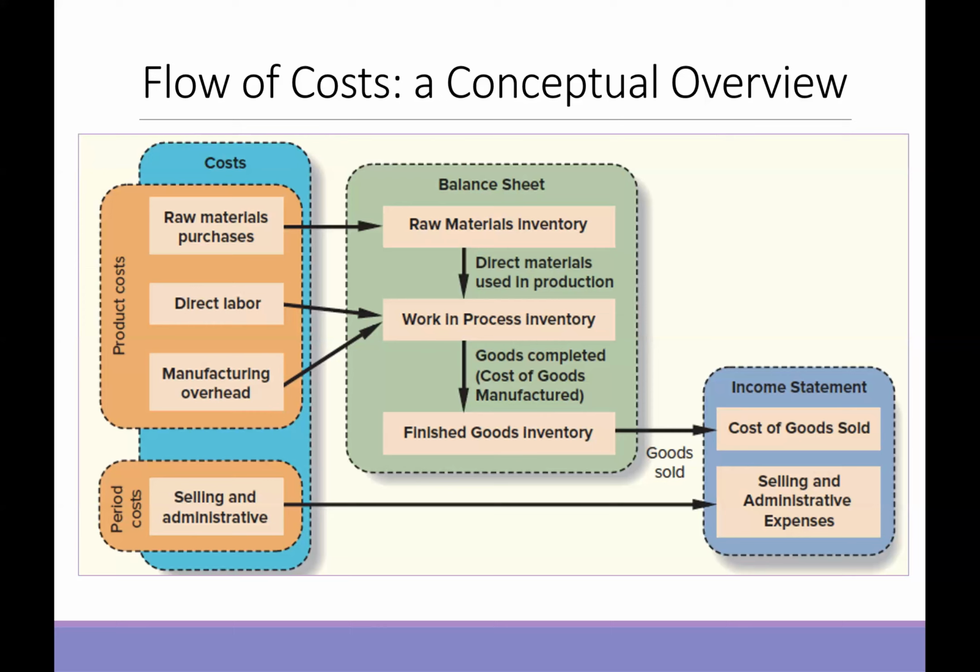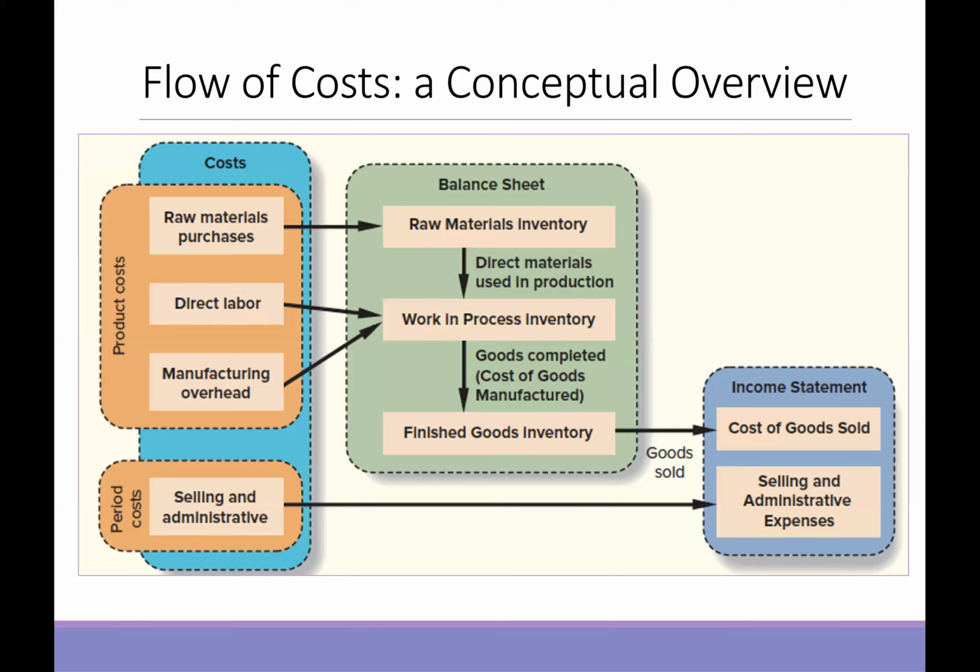All of the goods, the raw materials, the direct labor, and the manufacturing overhead will all stay in an asset inventory until they're sold. As you see here, period costs, such as selling and admin, will always hit the income statement.